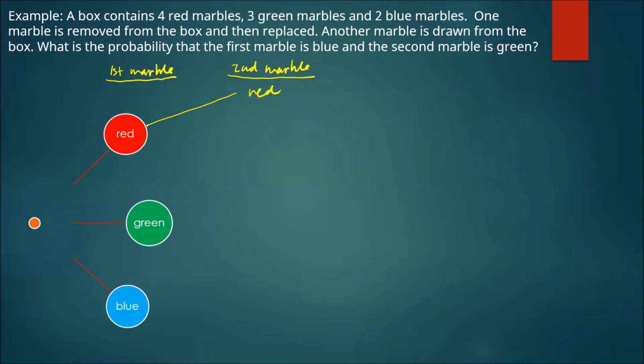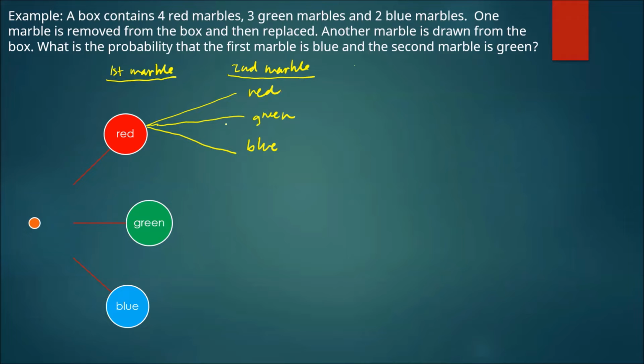And there is also a possibility that we will be getting a green marble. And there is also a possibility that we will get a blue marble for our second marble.